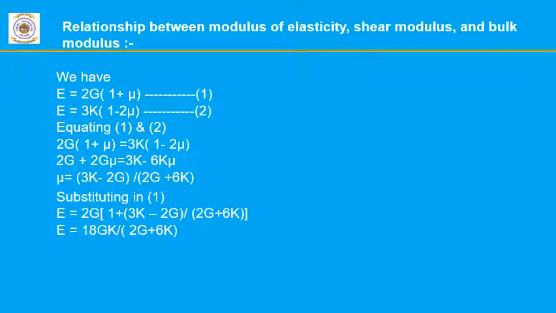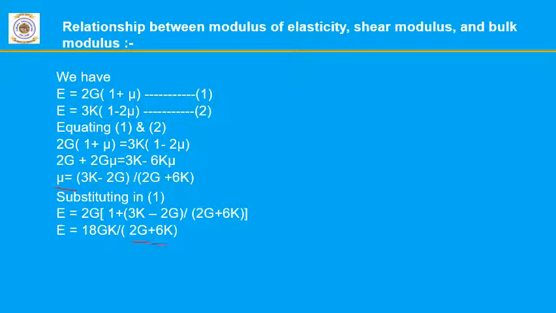Next, we substitute this mu equation in either equation number 1 or equation number 2. We substitute in equation number 1. Therefore, E is equal to 2G into 1 plus, in place of mu, we substitute this. After simplifying, we get E is equal to 18 G K divided by 2G plus 6K.